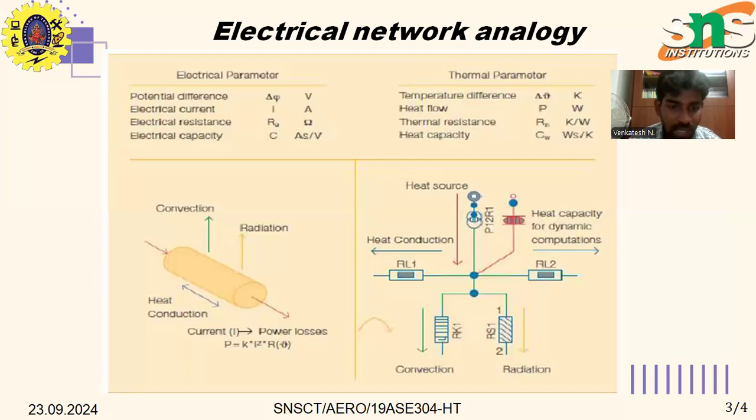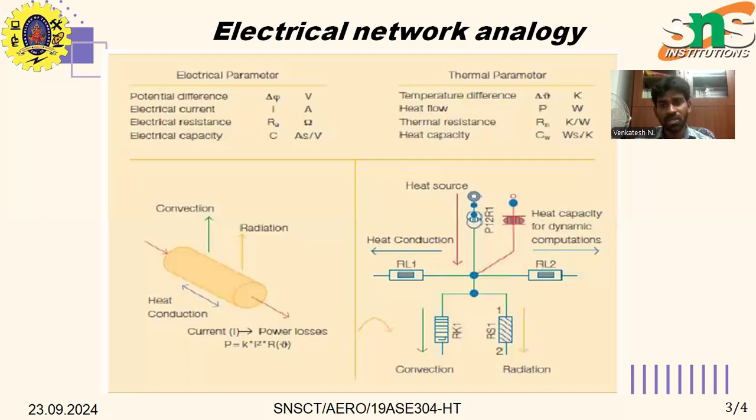In these images, we see the power losses of a current and heat source, and heat conduction, convection, and radiation. The electrical board represents heat conduction, convection, and radiation, and heat capacity for a dynamic computation, covering the different heat flow methods.